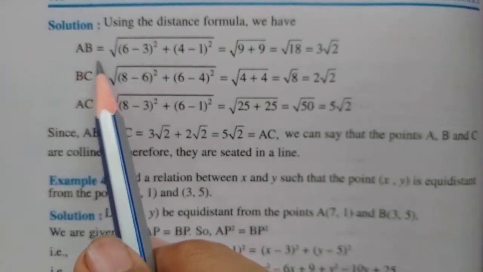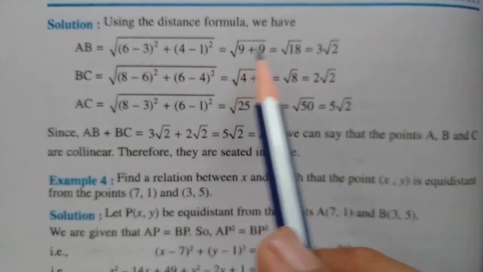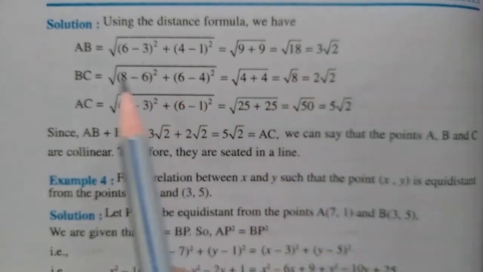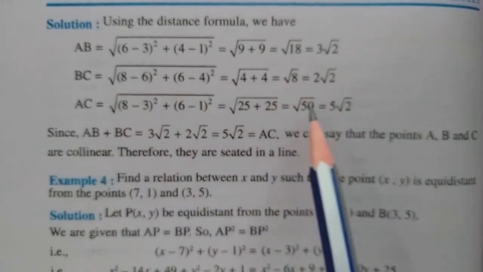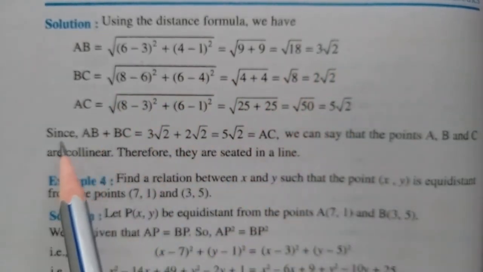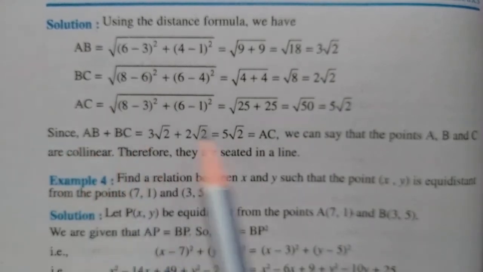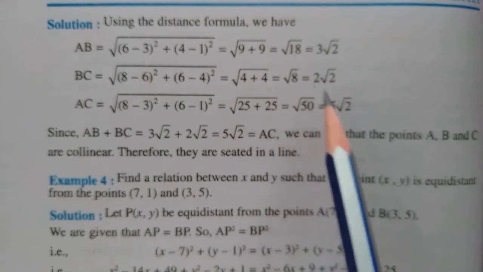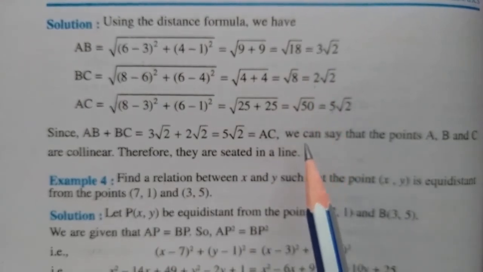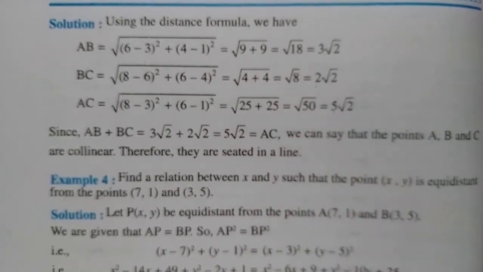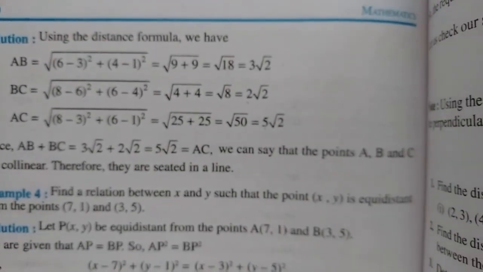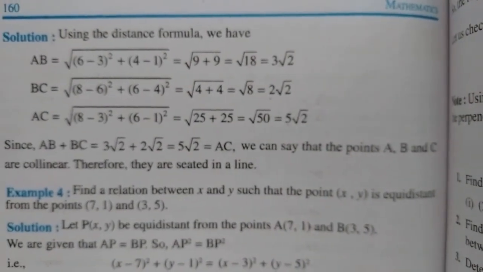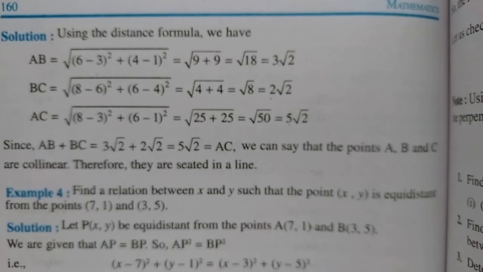Now children, AB is root of 9 plus 9, root 18, 3 root 2, BC this, AC this. Now, since AB plus BC, we are getting this, that is nothing but AC. You add these two, you get this result. Meaning, we can say that the points A, B, and C are collinear. Therefore, they are seated in a line, children.